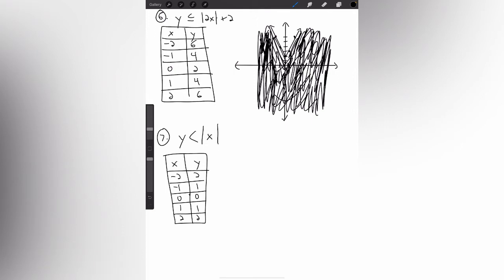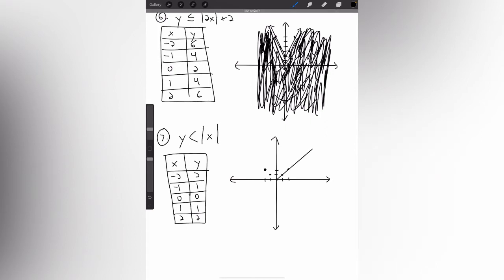And as you know, this is our parent function that we talked about last week. So we're really just graphing our parent function, but we want all the values in the inequality, all the values that are less than. So we're going to graph -2 up 2, then -1, 1, 0, 0, 1, 1, and 2, 2.